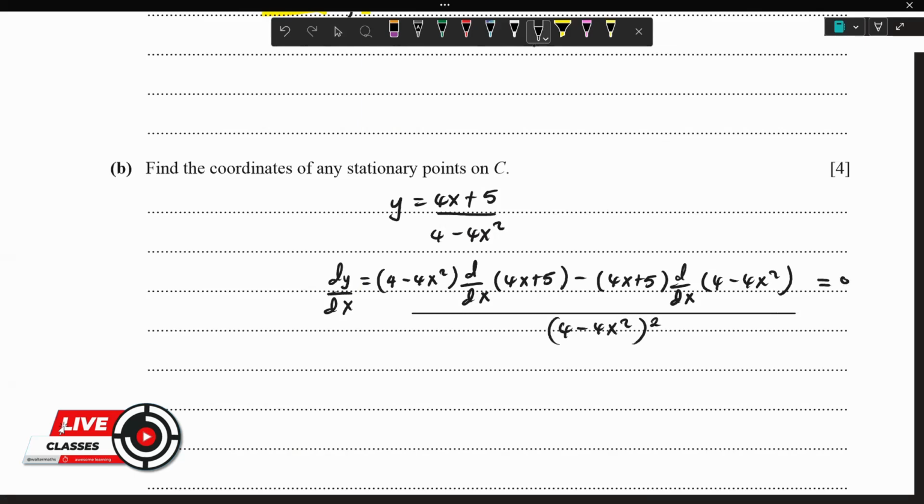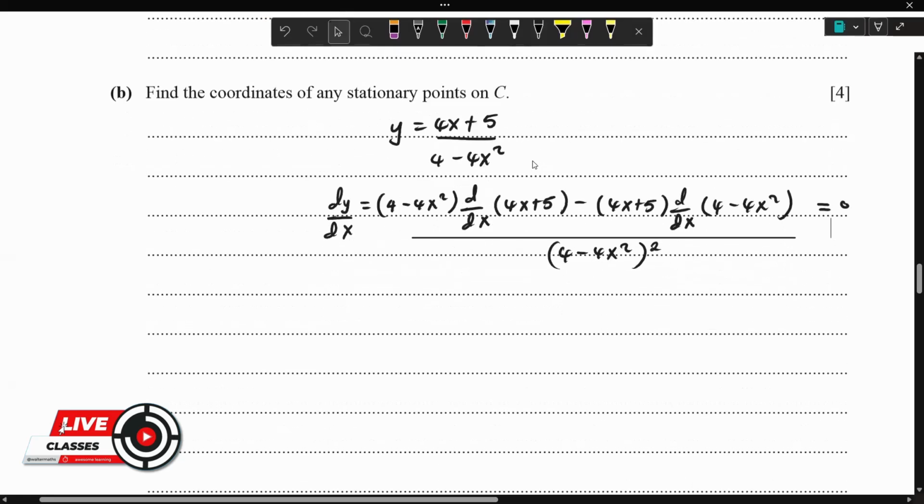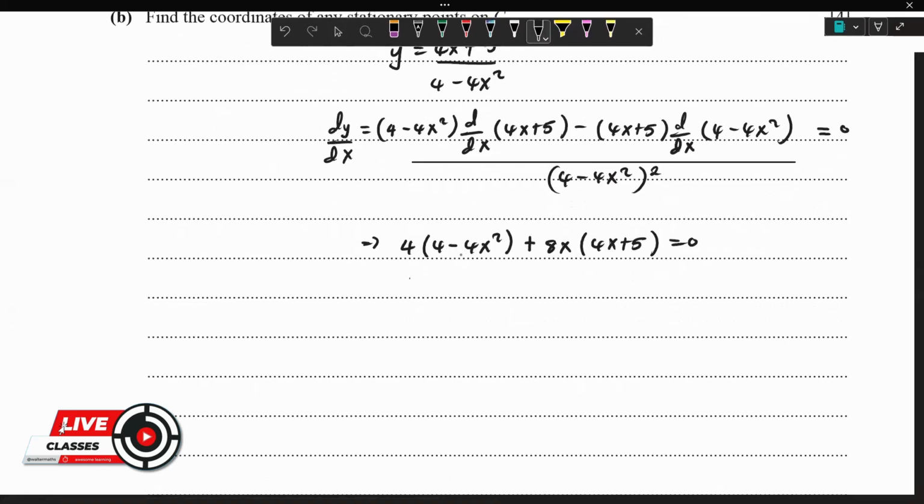We are going to equate this to 0 because at the stationary point, dy/dx is 0. So basically, we'll be having 4(4 - 4x²) minus, this becomes plus, 8x(4x + 5) equal to 0, which is 16 - 16x² + 32x² + 40x equal to 0.